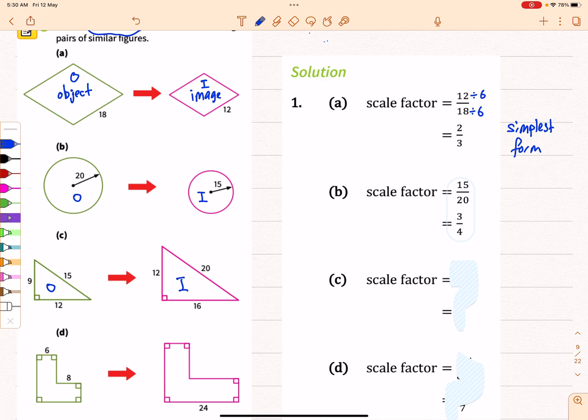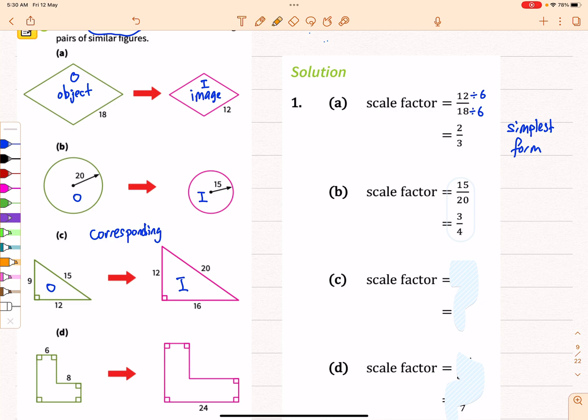Then you will start to wonder. If I only have one digit, then it's quite straightforward. But what if all the lengths are given? Then the idea of corresponding is important. What does corresponding mean?